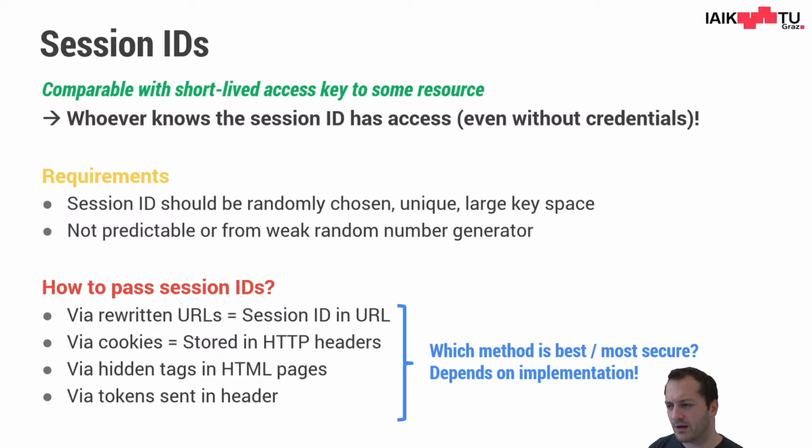Usually these 4 mechanisms are used mutually exclusive. There's no technical need for that, but usually if you're a web developer and you need user management, you have to decide for one of these options. And they're not all equally secure.